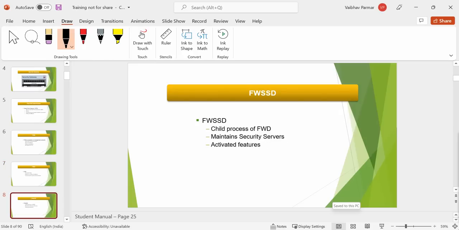Now, FWSSD is a child process of the FWD, which is responsible for maintaining the security servers. When we invoke blades like DLP, data loss prevention, you heard about DLP, also the endpoint connect feature, when you enable such features, this sort of process gets invoked, like FWSSD.